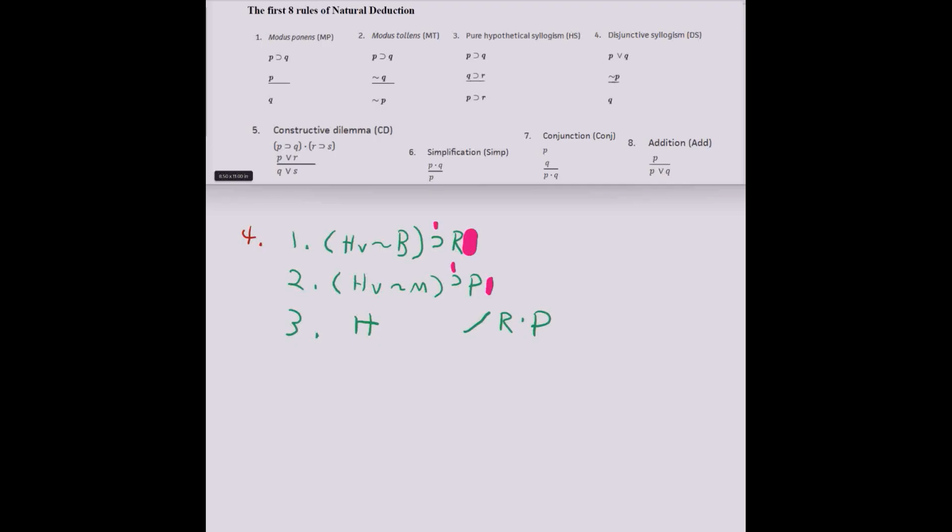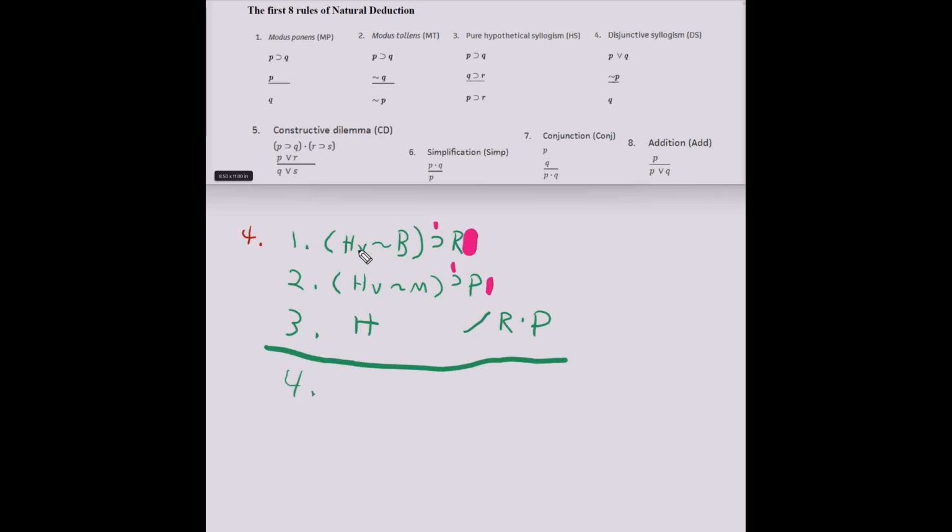Well, if you're remembering our rules here, and you notice that after H there's this rest that I need for both of these to do modus ponens, you can see that I can get the rest of those basically for free because I have the rule addition.